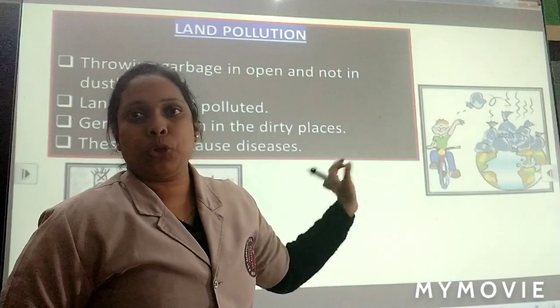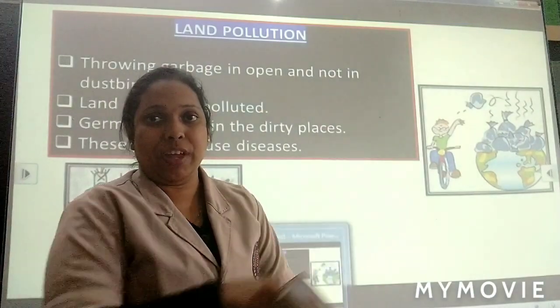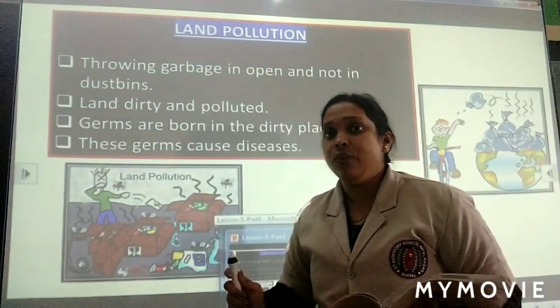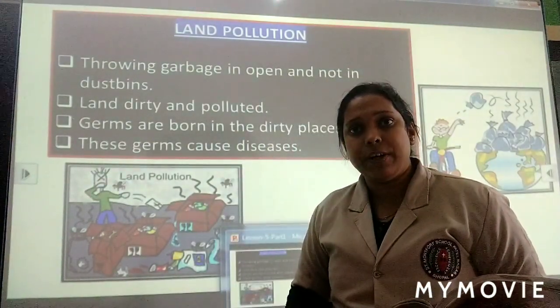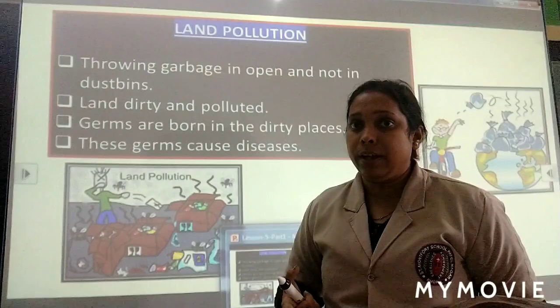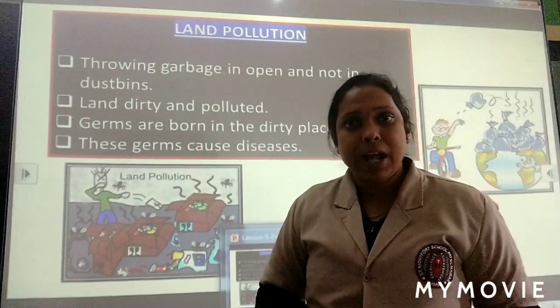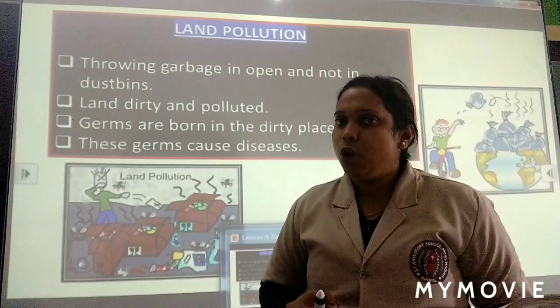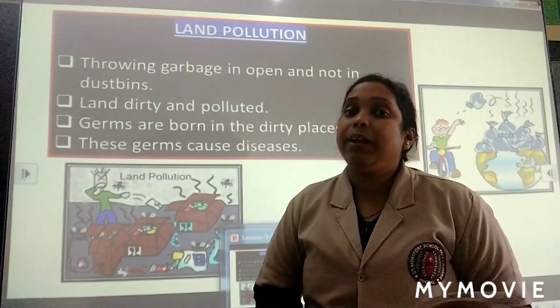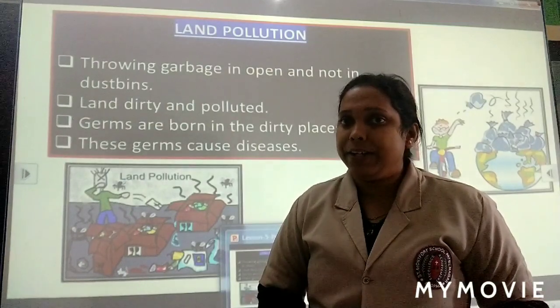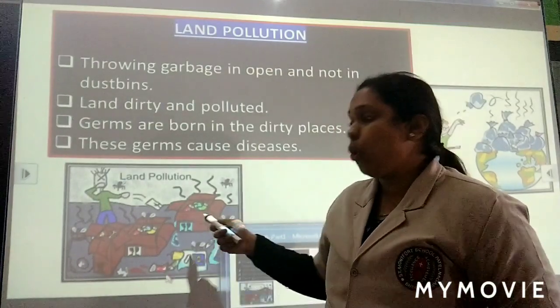We tend to throw and go. So this is land pollution. When the land gets dirty, who is making this land dirty? We only are making it. Now you will say, ma'am, I am not throwing. But sometimes we do. And if you are not doing it, it's very good. But if we see others making the land dirty, we can tell them, don't do it.